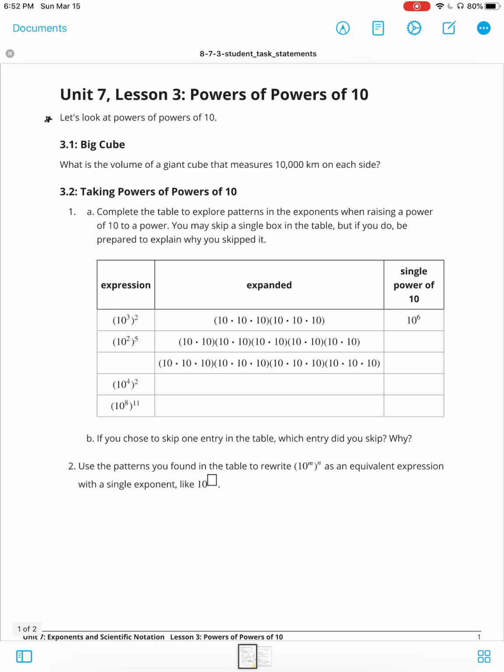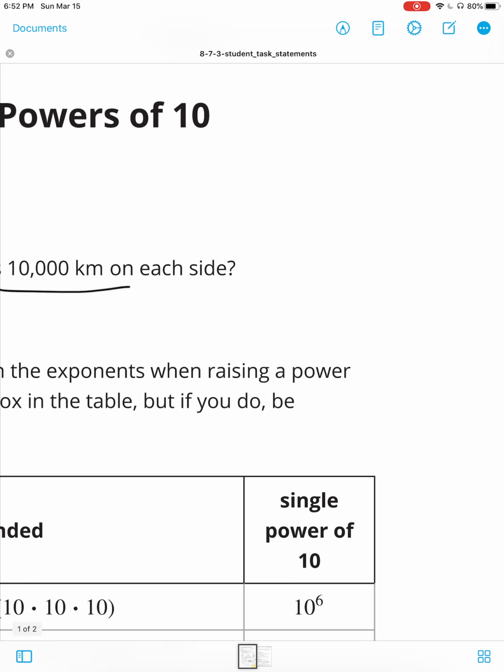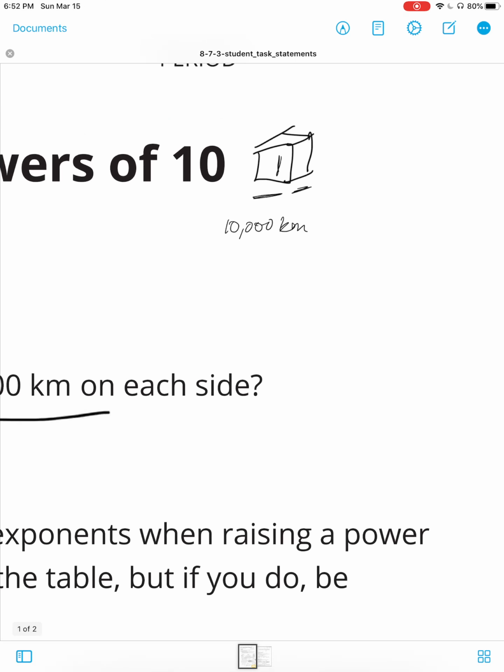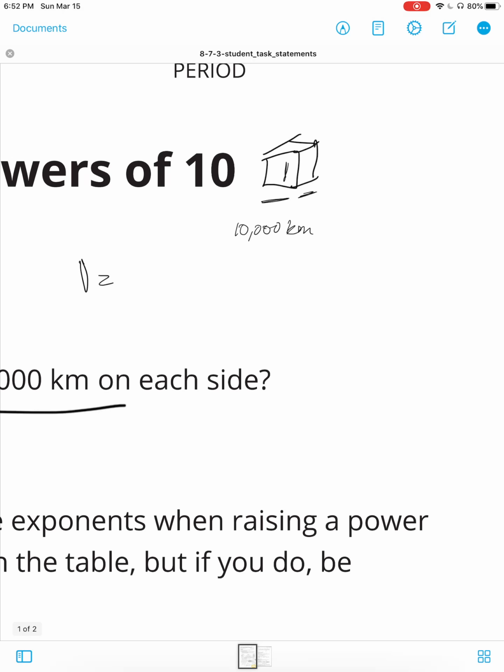What is the volume of a giant cube that measures 10,000 kilometers on each side? To visualize this, imagine you have a cube and each of these sides measures 10,000 kilometers. Now you're trying to find the volume.